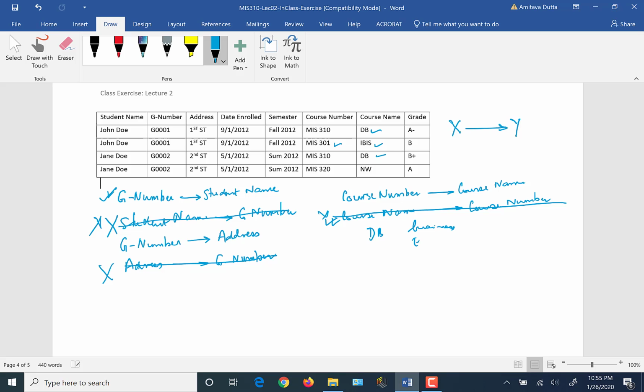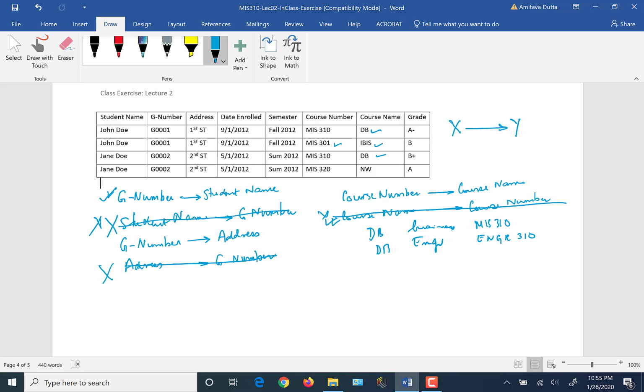It's also offered by the engineering school, and they would have 2 different numbers. In the business school it's MIS 310. I don't know what it is in the engineering school, but it would definitely be a different course number. Let's say it's ENGR 310. Same course, database, but offered by the engineering school, with a different course number.